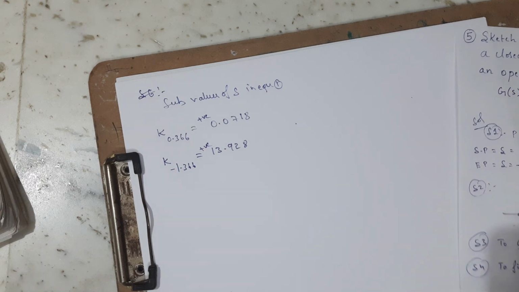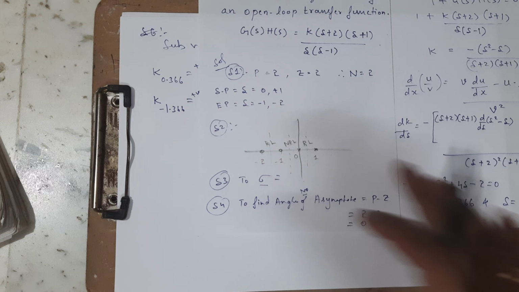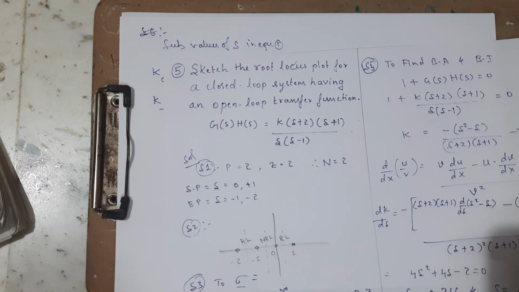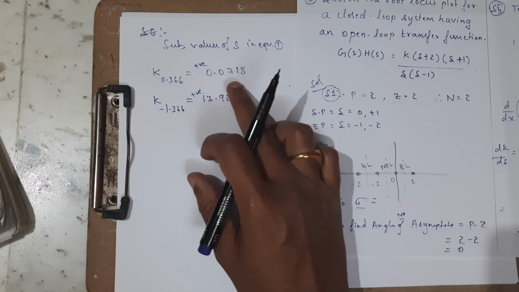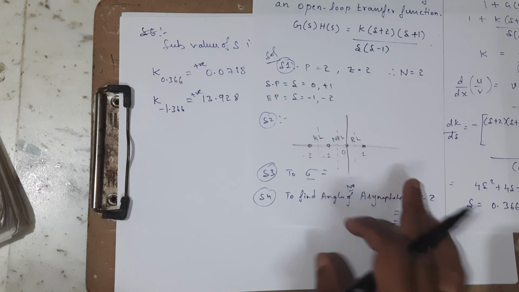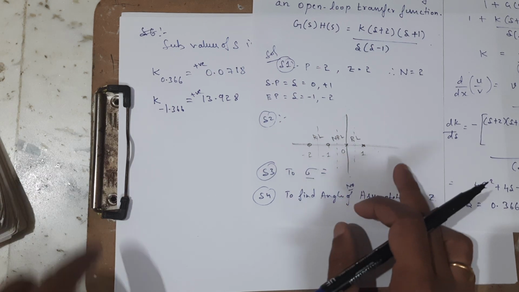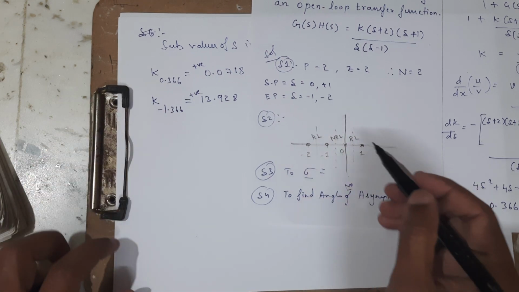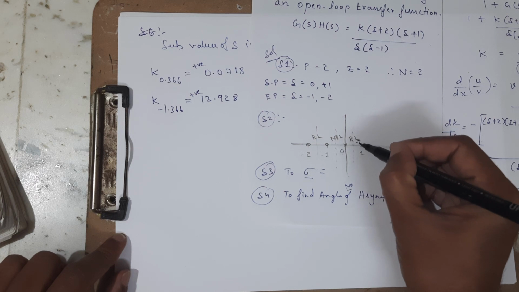Okay, so as I told, there are two points, breakaway point and break-in point. In this case, which is breakaway and which is break-in? See, 0.366 is between 0 and 1. These are two poles, so it will be a breakaway point.